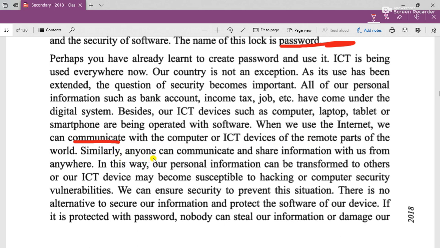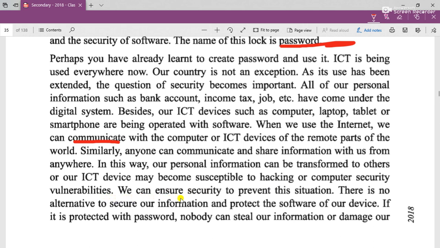Similarly, anyone can communicate and share information with us from anywhere. In this way, our personal information can be transferred to others, or our ICT device may become susceptible to hacking or computer security vulnerabilities.